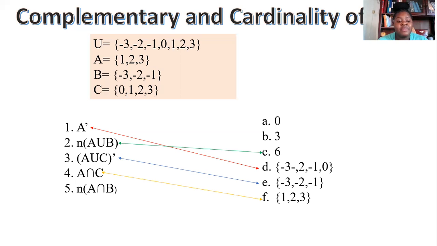And finally, number 5 asks us to find the cardinality of A intersect B. So what is the number of elements that is in A intersect B? Meaning the number of elements that is common in set A and set B. If you said 0, you are correct.